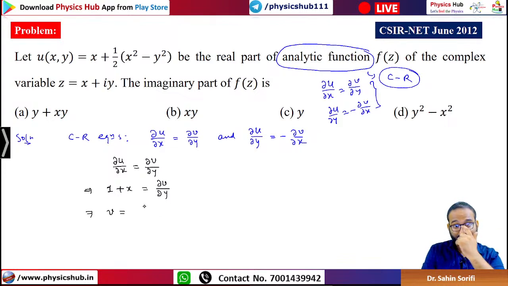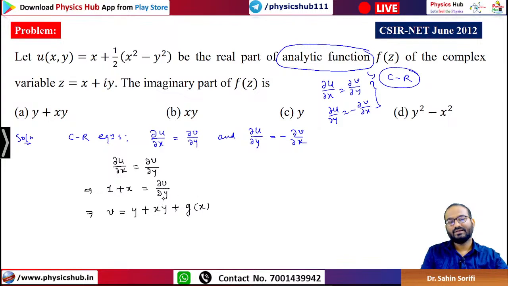dy. So the integration of dy is y, plus the integration of x dy means xy. Then you have to add an integration constant. You are taking integration with respect to y, so your integration constant will be a function of x. Try to understand this. We write g of x as the integration constant.